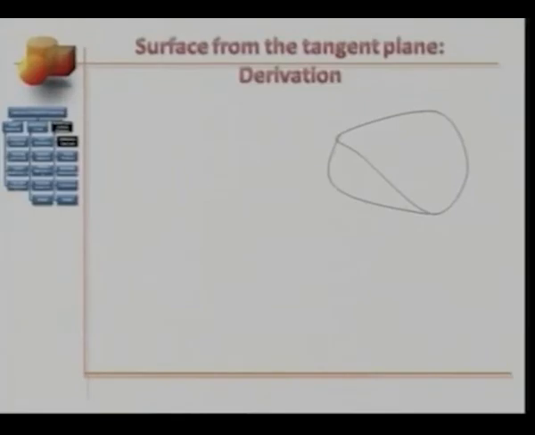So we had the surface patch, we had a point P, we had a tangent plane passing through that point, we had another point R on the surface patch, we had drawn vector PR and a normal to the tangent plane N at P. We computed this distance D as the projection of PR on N.